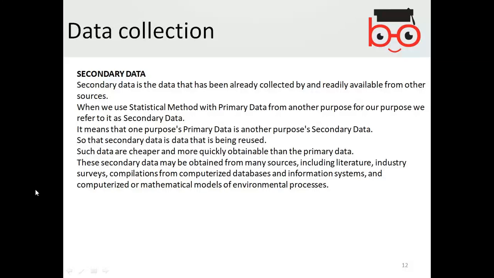Secondary data may be obtained from many sources, including literature, industry surveys, compilations from computerized databases and information systems, and computerized or mathematical models of environmental processes.